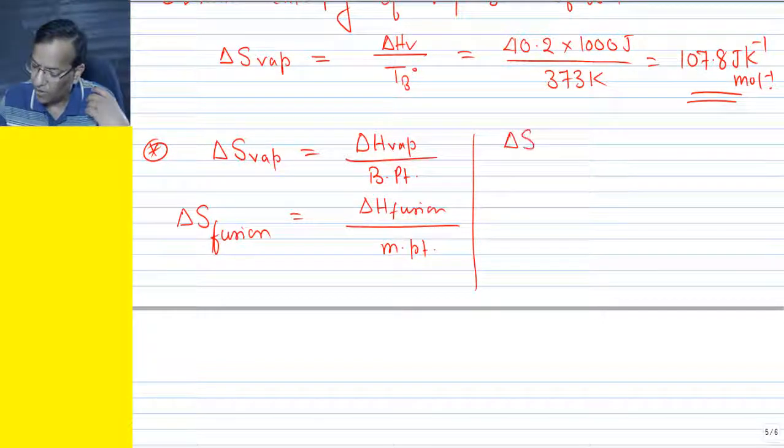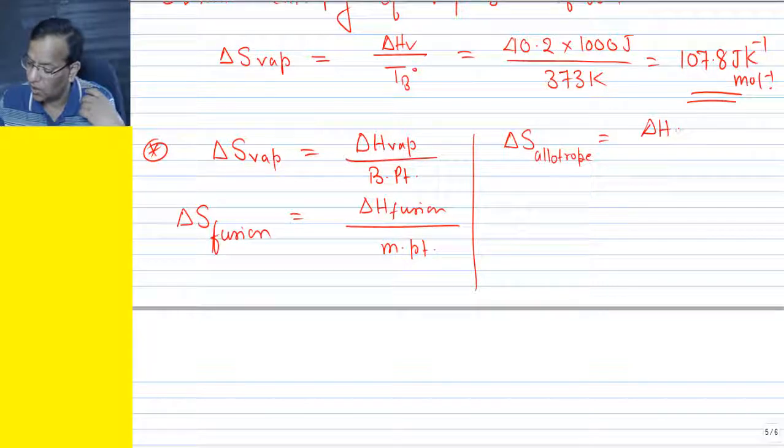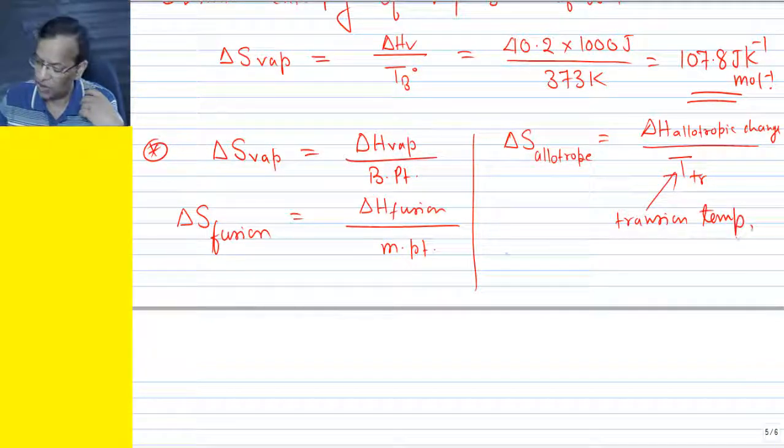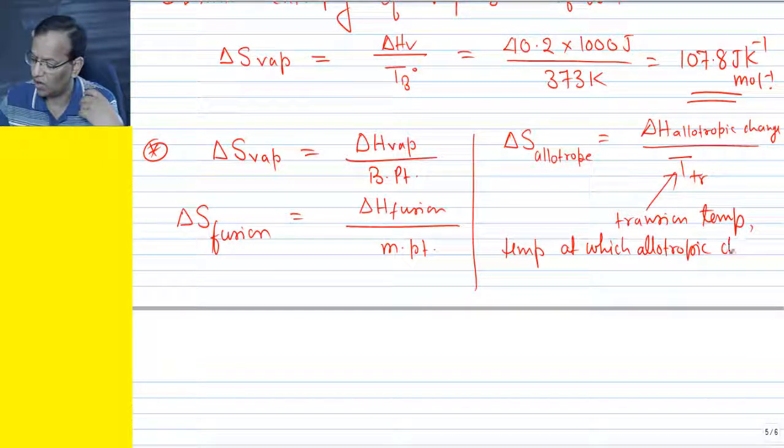Similarly, for any allotropic change, delta S allotrope will be equal to delta H of allotropic change divided by T transition, which is the transition temperature, the temperature at which allotropic change occurs.